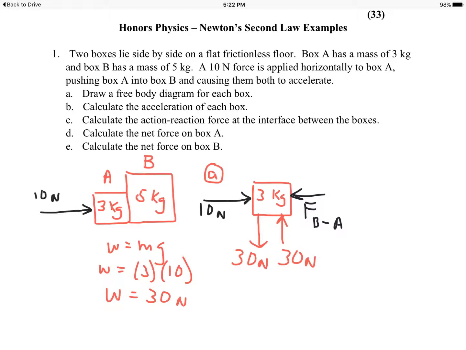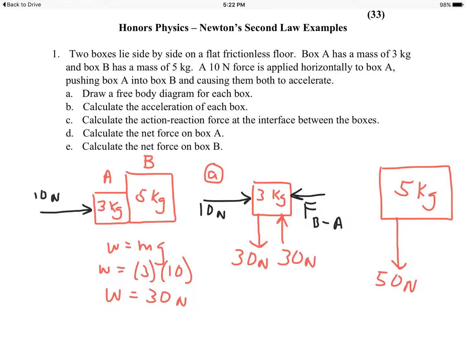Now the big box is 5 kilograms. Trying it a little bit too large, but that's okay. 5 kilograms. It also has a downward force of gravity, weight. And since we're using rounded off numbers, you can just label that as 50 newtons, because it's going to be 5 times 10, or 50 newtons.